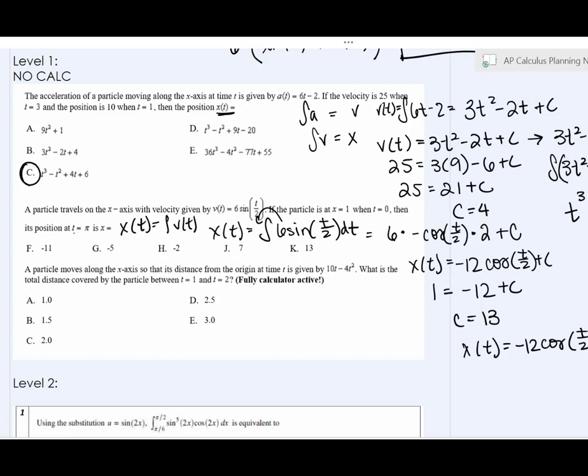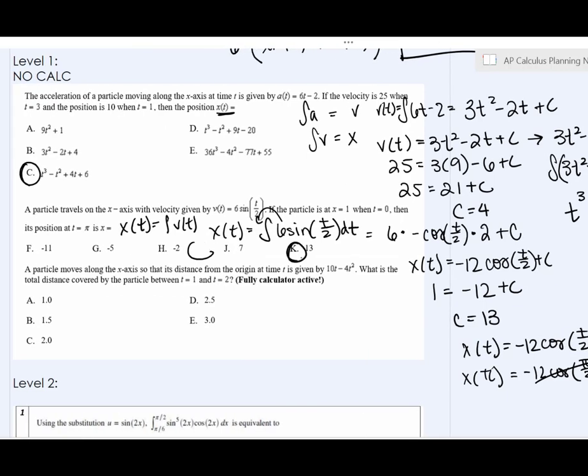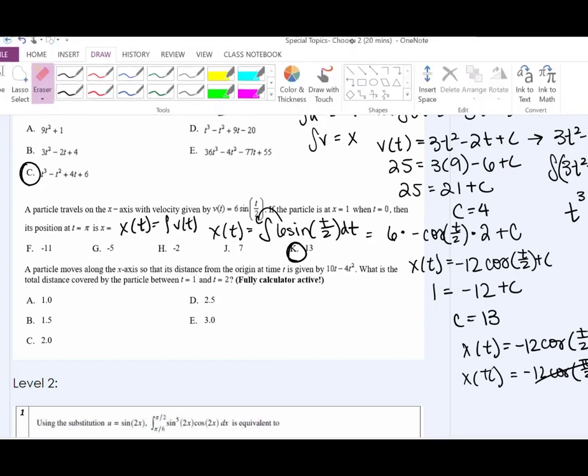Now when I plug in pi, cosine of pi over 2 is 0, so that all cancels, and I get that that value is going to be 13. And we are good to go.